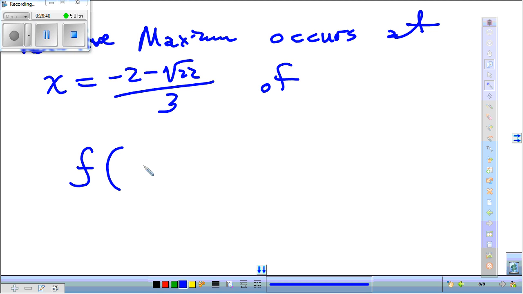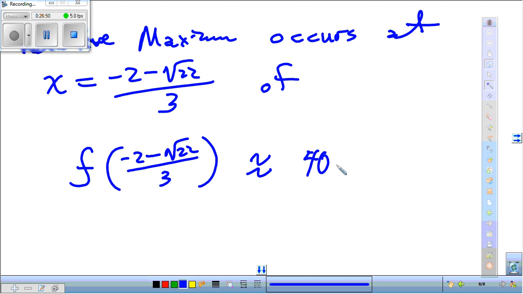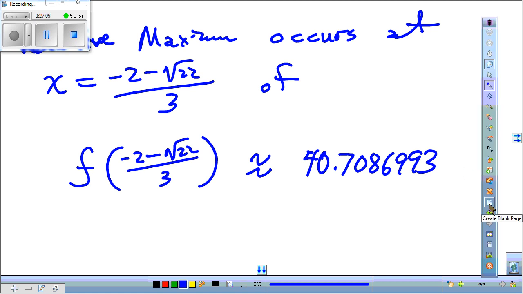And the actual maximum value would be the function evaluated at that, which turns out to be approximately 40.7086993. So we found a peak and a valley for local or relative situations.